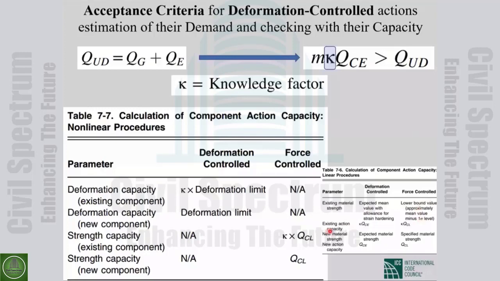But then there is this knowledge factor, kappa, which just applies to the capacities of the existing element. Capacity of the force control is lower bound, capacity of the deformation control is expected, and the kappa is multiplied by that. But for new elements, you don't apply the kappa.